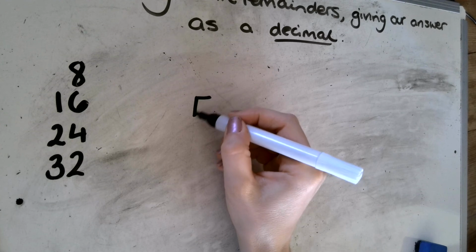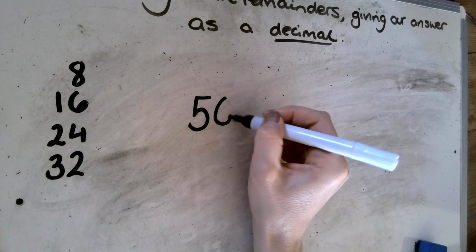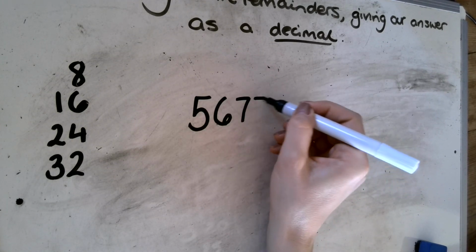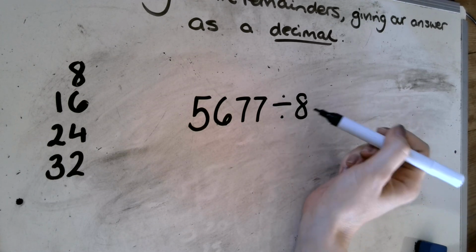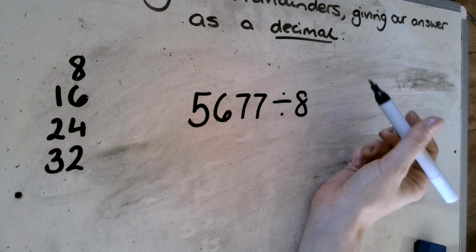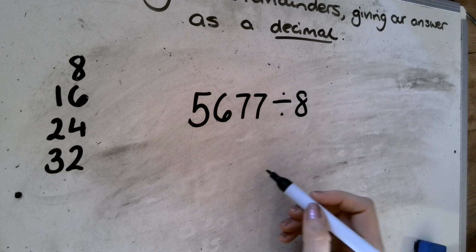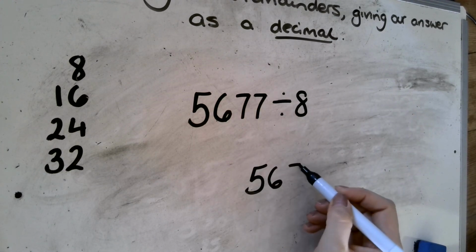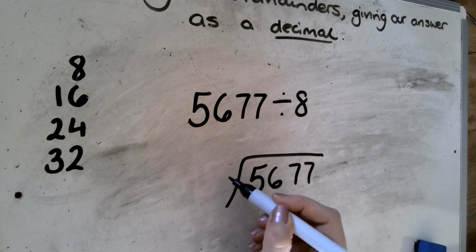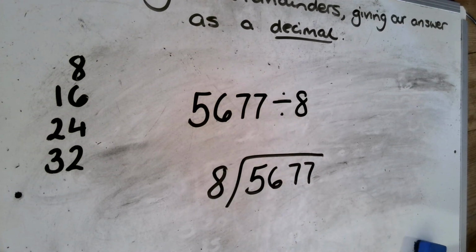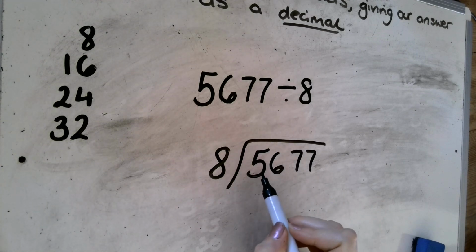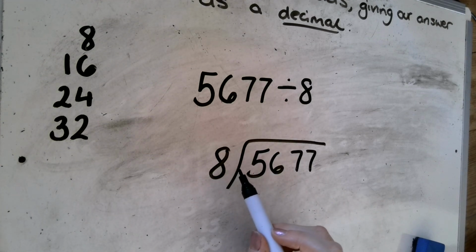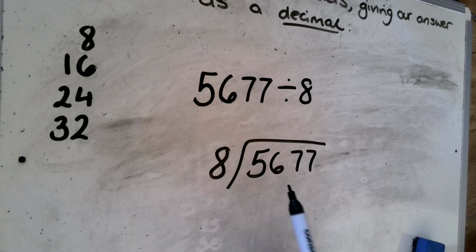We're going to do 5,677 divided by 8. So we need to know our 8 times tables to be able to answer this question. Draw it using your bus stop method. Okay, now 5 divided by 8, no, 5 isn't in the 8 times table, so I'm going to move on to our hundreds digit.